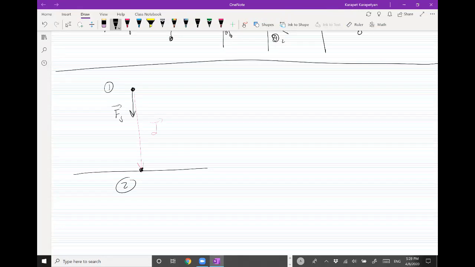Then I know that the work done by the gravitational force equals the change in gravitational potential energy. This is true for any conservative force. You can think of the contribution of conservative forces as changing the potential energy of the system.